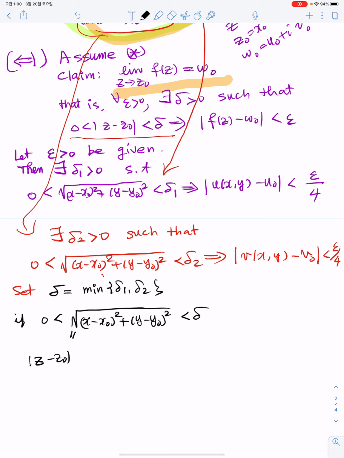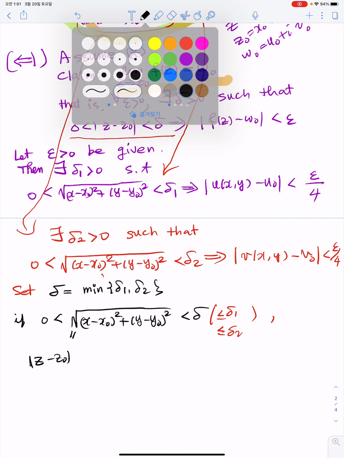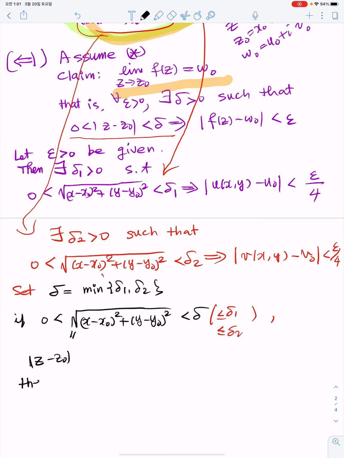So when this is less than delta, it is less than delta 1 and also less than delta 2, so both work at the same time.